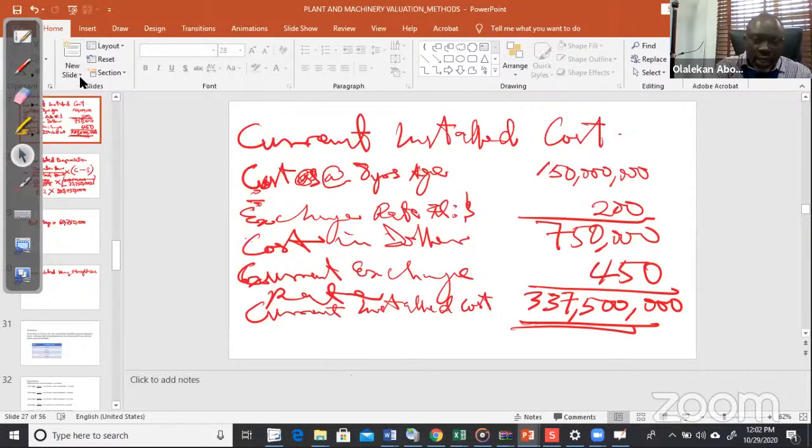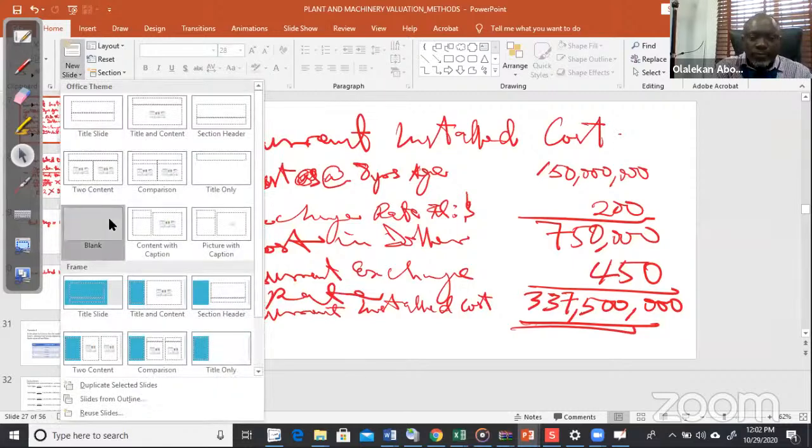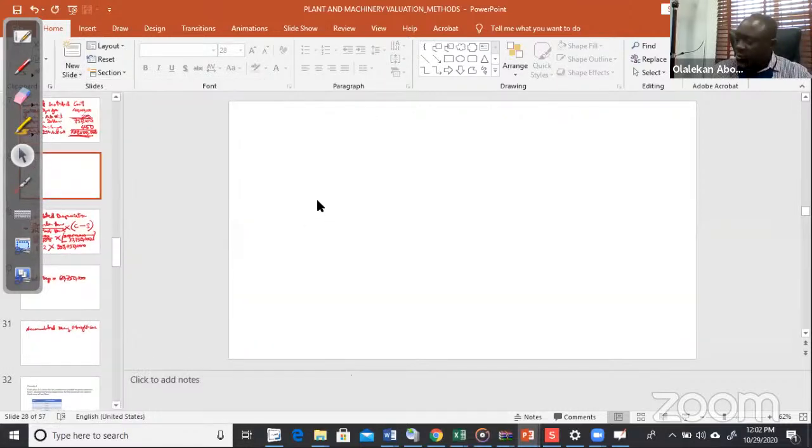Let me just show you that. It means we have a figure which we don't know yet, which is X, in dollars. X multiplied by 200 naira is giving us 150 million naira.